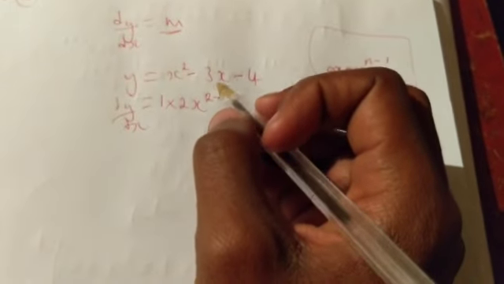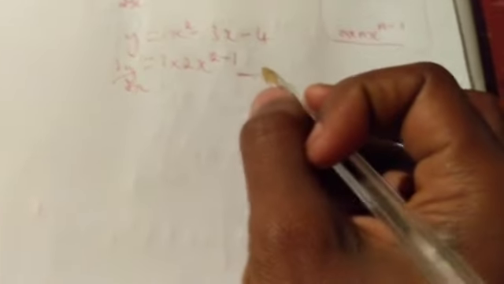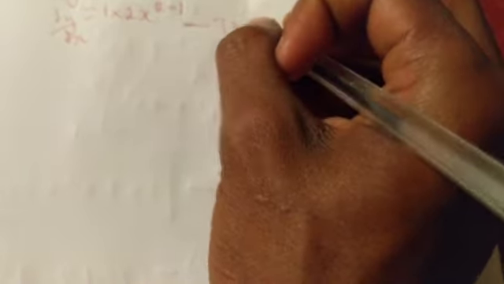The coefficient of x here is 3, so you say 3 times the power on top, which is 1, so 3 times 1 times x to the 1 minus 1. Then minus 0.